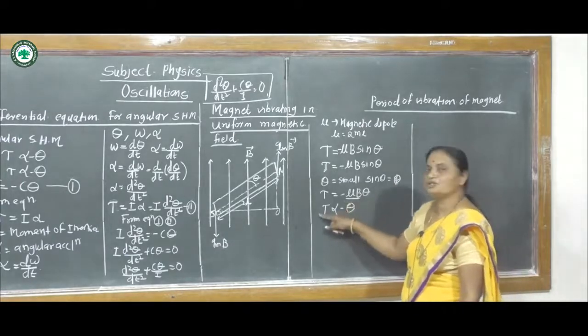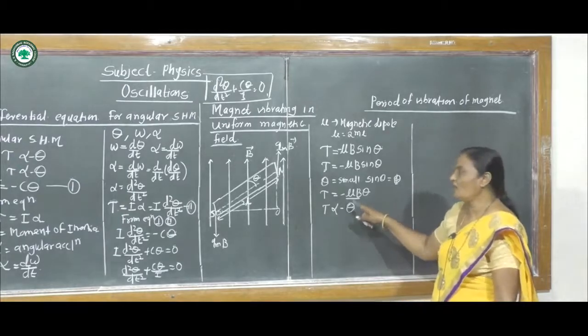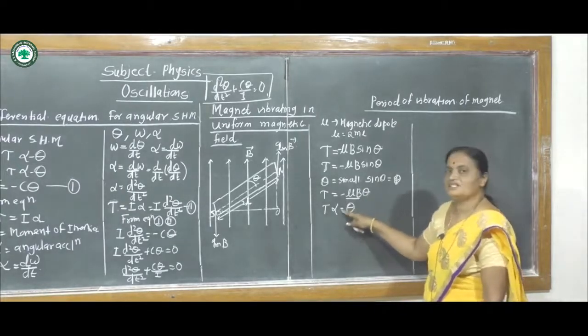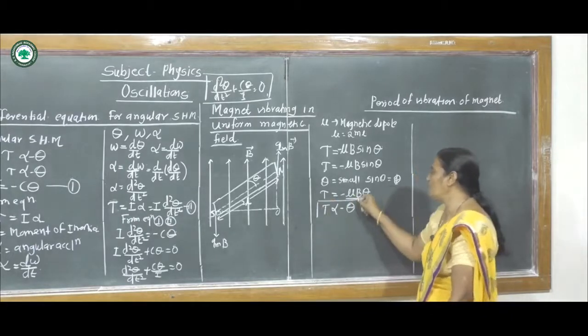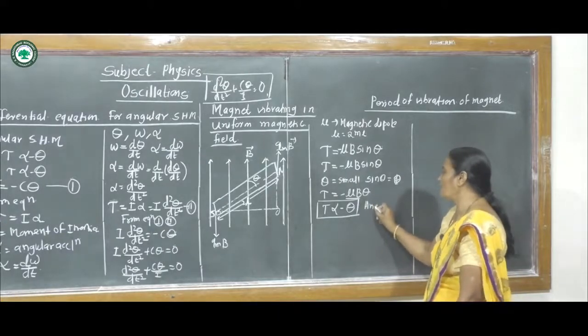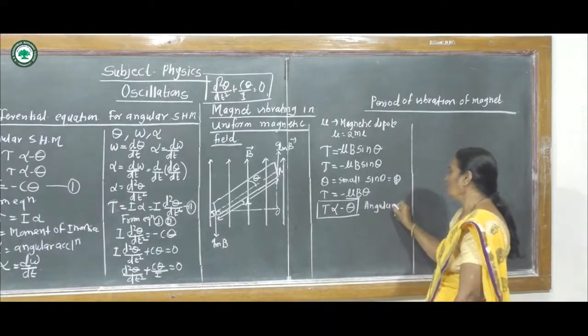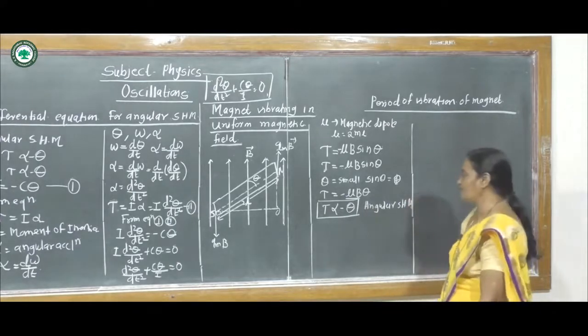That is, restoring torque is directly proportional to the magnitude of angular displacement and its direction is towards the mean position. The bar magnet performs angular SHM.